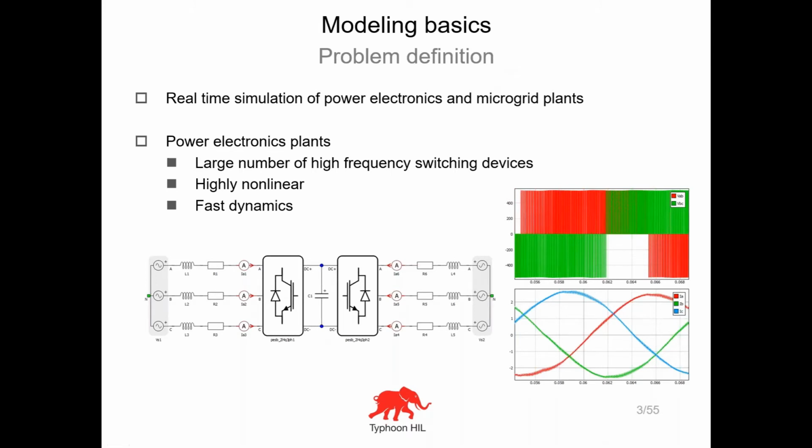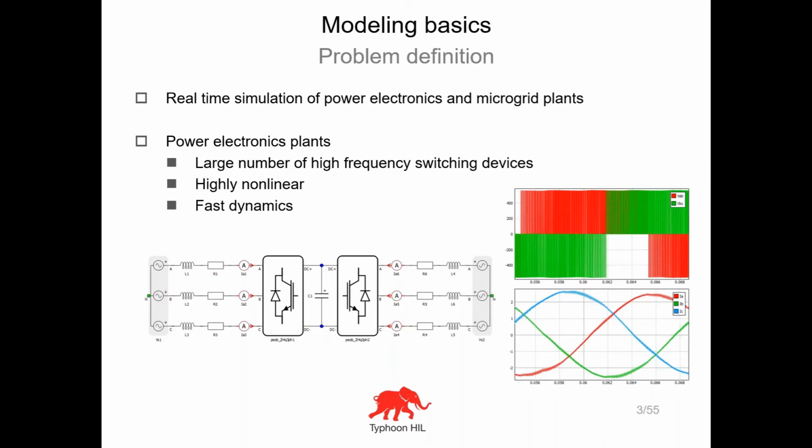The main application of Typhoon Hill systems today is in the field of real-time simulation of power electronics converters and microgrid plants. First we're going to talk about the power electronics plants. They're highly nonlinear, mainly due to the presence of switching devices, and in typical converter topologies, switches are not only present in significant numbers, but they're also cross-coupled and operated at high frequencies.